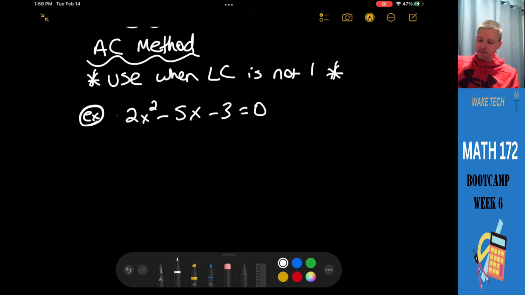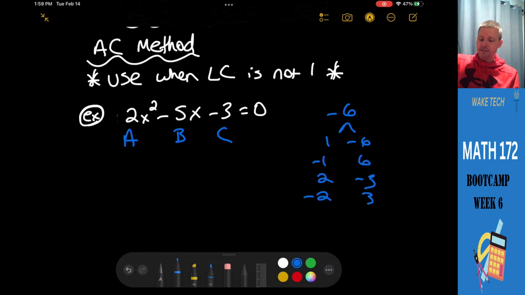So how the AC method works, A and C, they're talking about these coefficients. A, B, and C refer to the coefficients. So what we do is multiply A times C to get, in our case, -6. And then we look for factors of -6 that add to this middle coefficient, B. So factors of -6 are 1 with -6, -1 with 6, 2 with -3, -2 with 3.